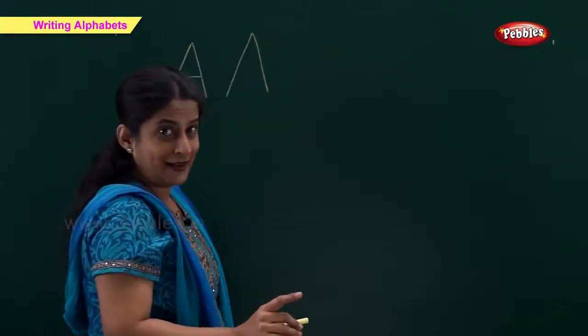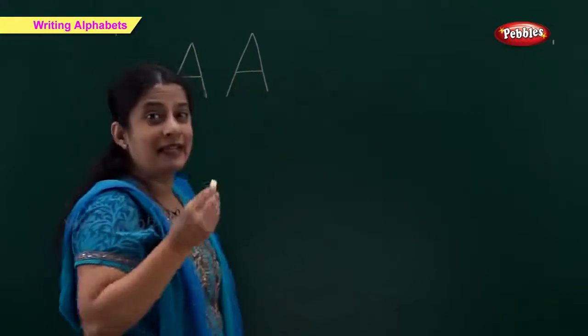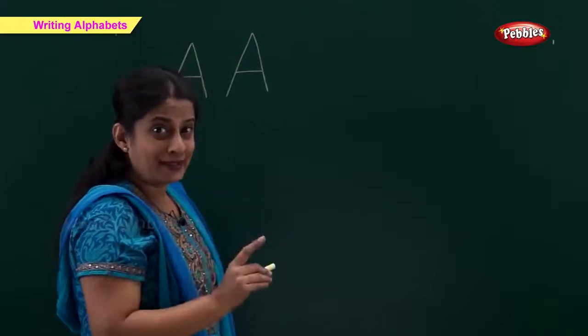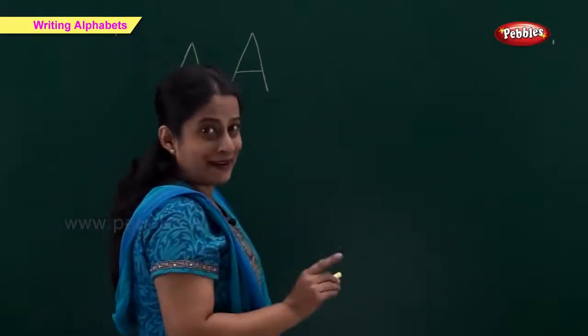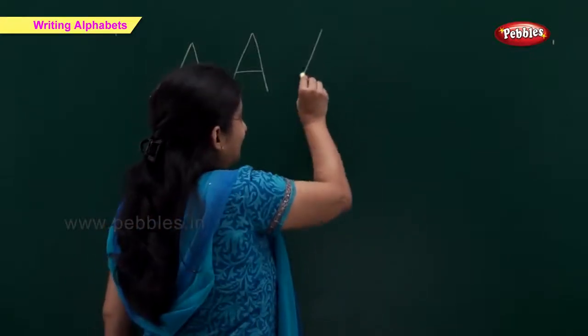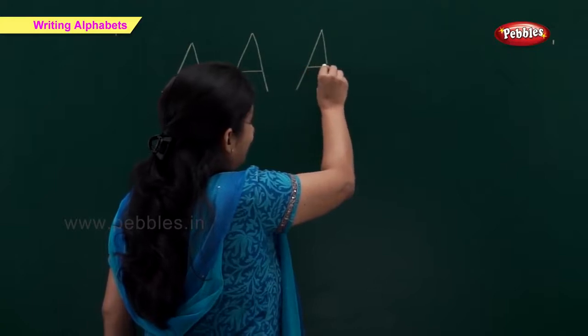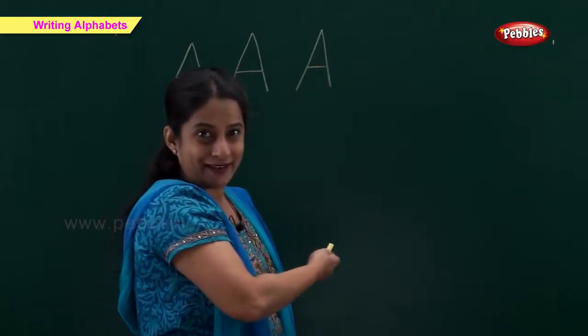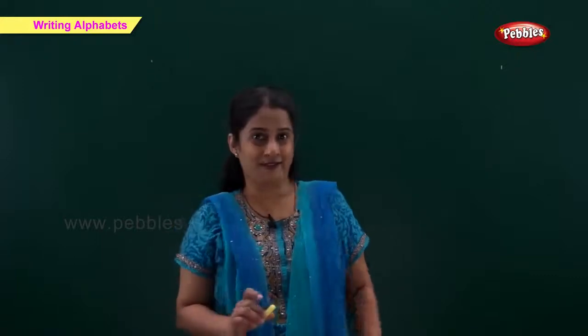Another slanting line. And a sleeping line makes A. Let's write again. A.